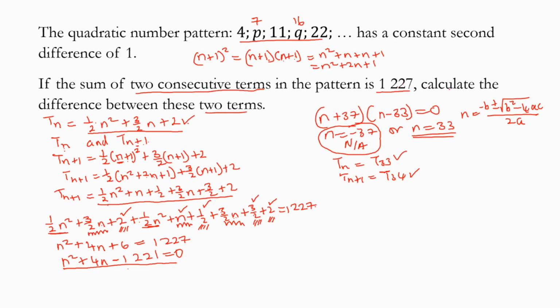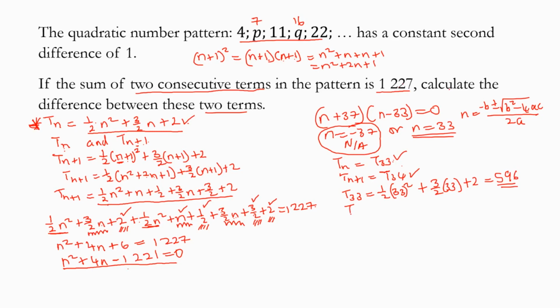So we need to find what T33 is. It's actually a very long question, this one. We have to find T33 and T34 and find their difference. So you have to substitute back into the general term. T33 is equal to half times 33 squared plus 3 over 2 times 33 plus 2. If you put this in the calculator, you get 596.